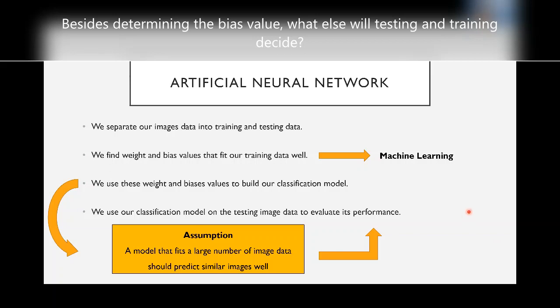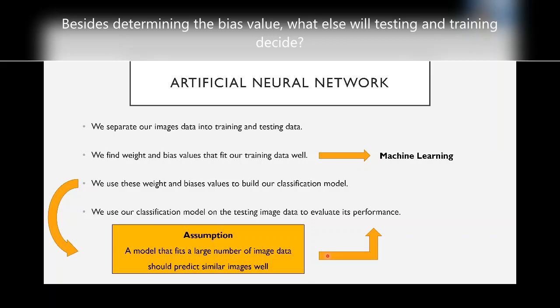I think that of course, at the most basic level, you can think of training and testing this way. The training is for you to figure out what is a good set of weights and bias values to use, and the testing is to verify that indeed this is fit for purpose. If you use them on a new set of data, it's going to give you reasonable performance.